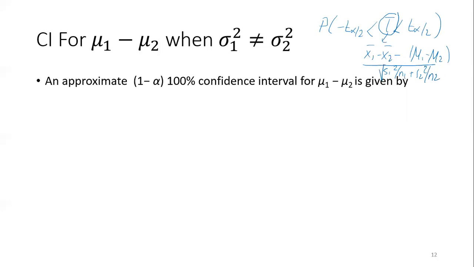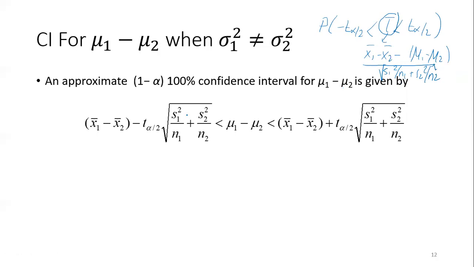After some algebra, you will see that the confidence interval is equal to this. So you are 1 minus alpha times 100% confident that the difference between mu1 and mu2 is between this and this.